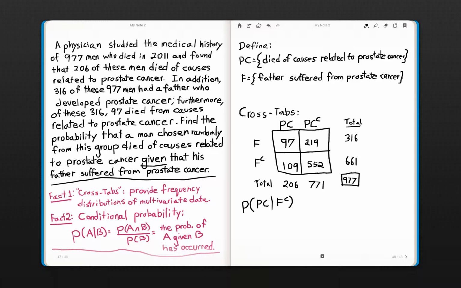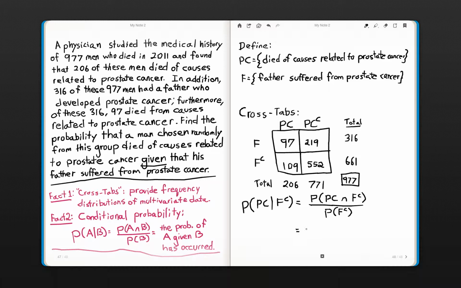Where F is father suffered from prostate cancer, F complement is father did not suffer from prostate cancer. So using our conditional probability, that's defined as the probability of the event PC intersected with F complement, all divided by the probability of F complement.